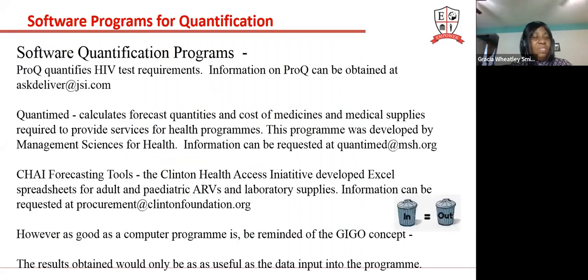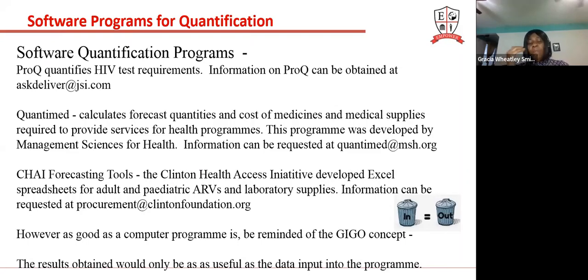So in order to help us now with technology, we do have some software programs that can assist us. ProQ quantifies HIV test requirements. Quantimed calculates forecasting quantities. The CHAI forecasting tools, which the Clinton Health Access Initiative developed, are an Excel spreadsheet for adult and pediatric ARVs and laboratory supplies.